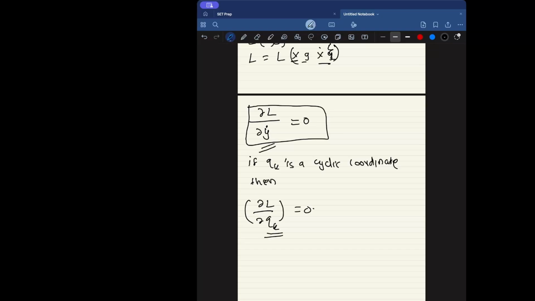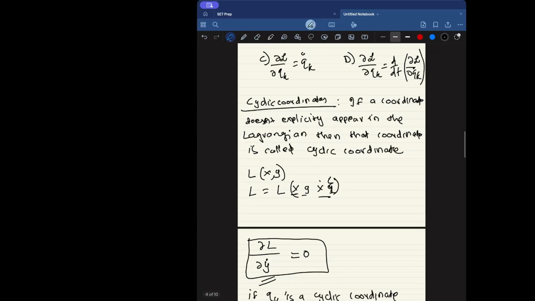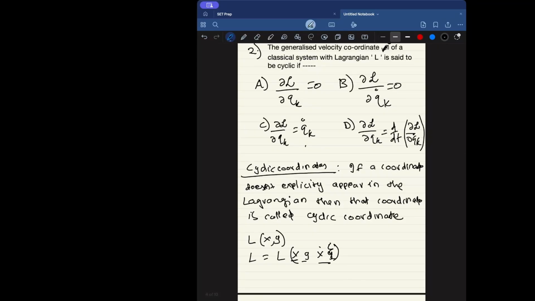So here, the generalized coordinate qk is a cyclic coordinate. If the velocity qk dot is the cyclic coordinate, then dou L by dou qk dot will be equal to 0. So this is the relation that we needed. So the answer will be B.